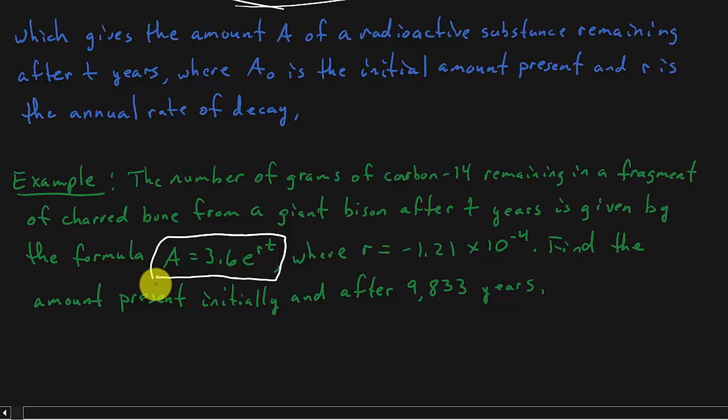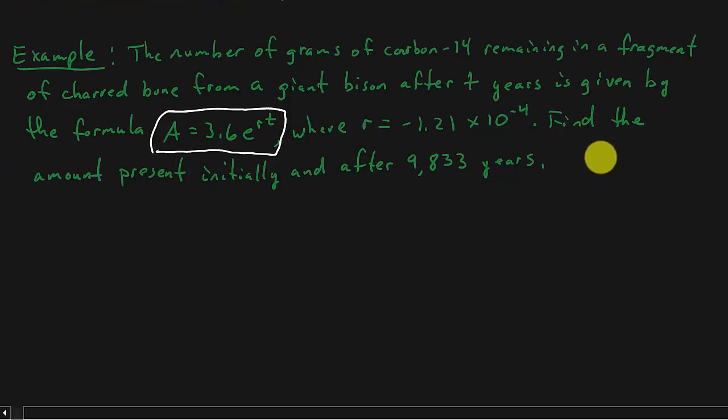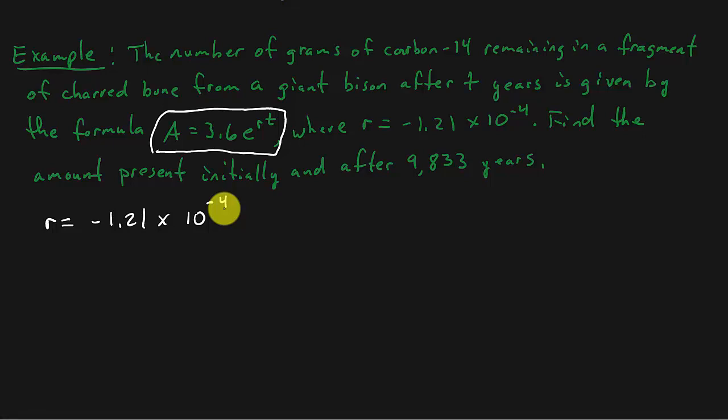Now, what I would like to do is let's write this formula with R in there. So they tell us that R is negative 1.21 times 10 to the negative 4. Now, let's just go ahead and write that out as a decimal so we don't have to fool with the scientific notation.